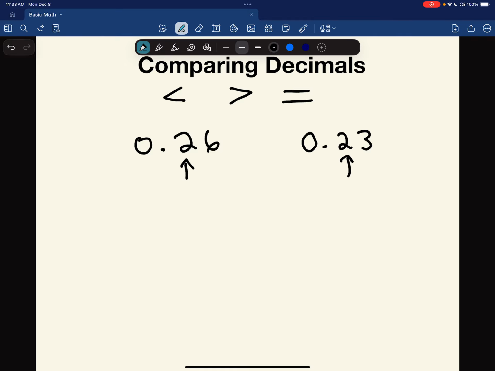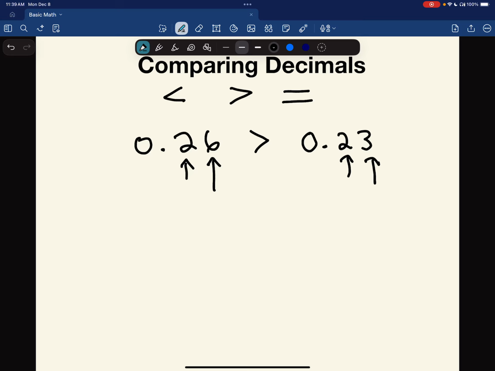Since they're the same digit, we need to move on to the next digit to the right, which is 6 and 3. Comparing 6 and 3, we notice that 6 is greater than 3. That means 0.26 is greater than 0.23, so I'm going to put a greater than symbol in between our two values.